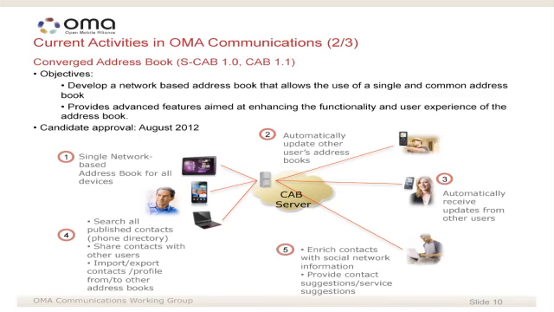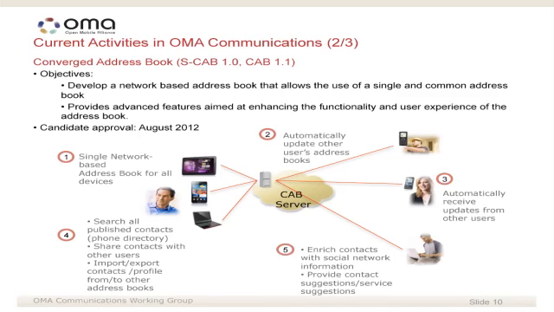So the goal is to develop a network address book that allows use of a single and common address book for all types of devices, SIM or services, and also provide advanced features aiming at enhancing functionality and user experience in the address book.